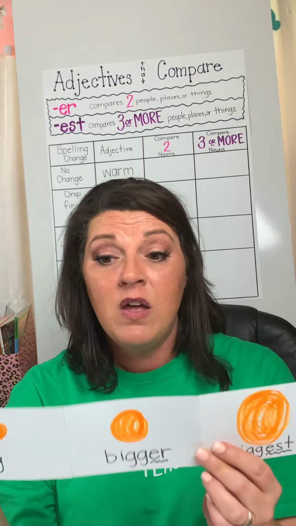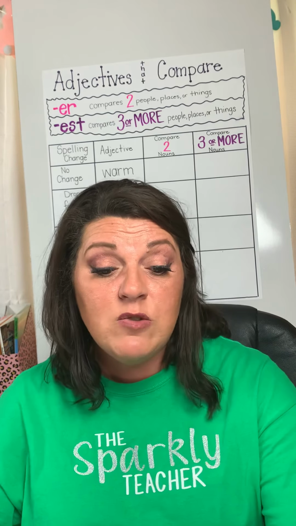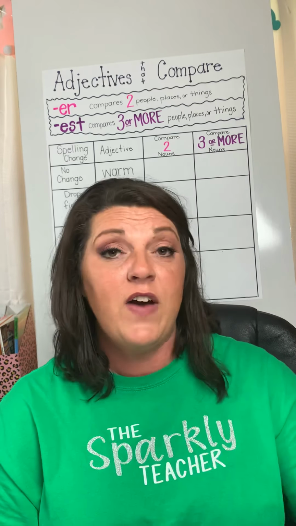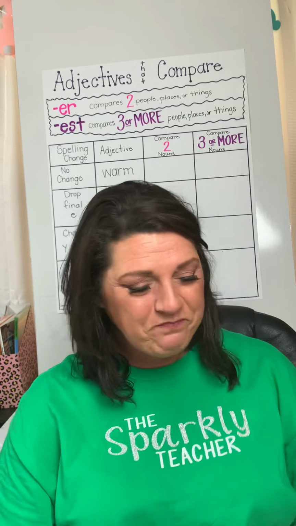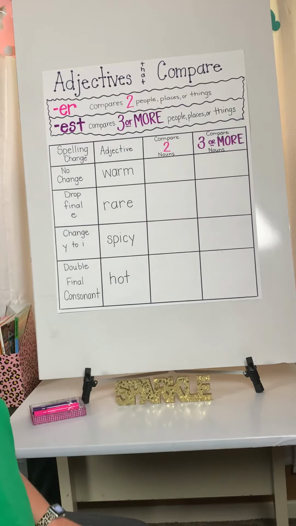The ER is when you are comparing two nouns, and you use EST if you are comparing three nouns or four or five or any more than three. I have a little anchor chart back here that we are going to fill out.